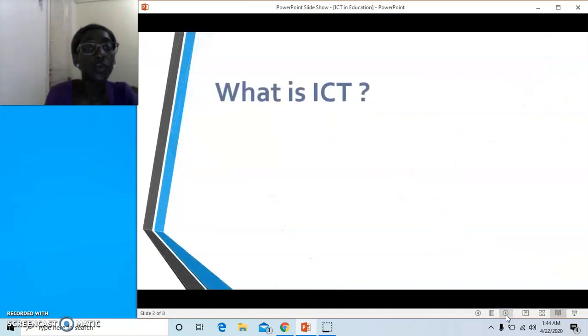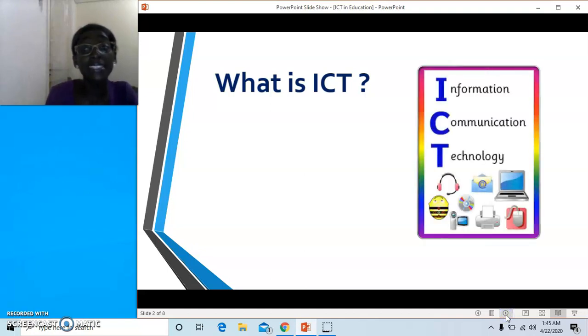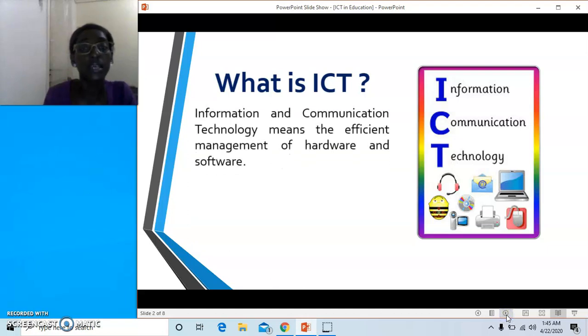The first thing we will talk about is what is ICT. ICT stands for Information Communication Technology. That means the efficient management of hardware and software. What is hardware? Hardware are the devices that we use, such as our laptop or smartphone or tablet.